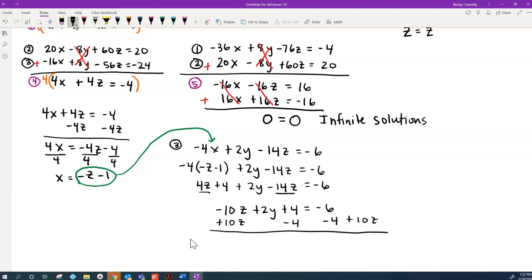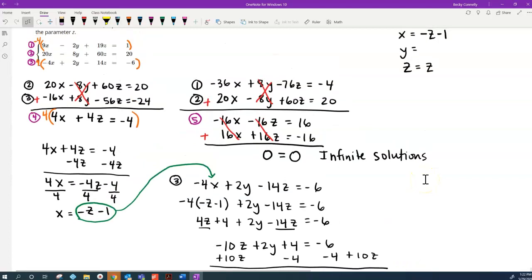So now that gives us 2y equals negative 10 plus 10z. And to solve for y, I can divide by 2 on everything there. So y equals negative 5 plus 5z. And that is what I come up with for my last solution there.